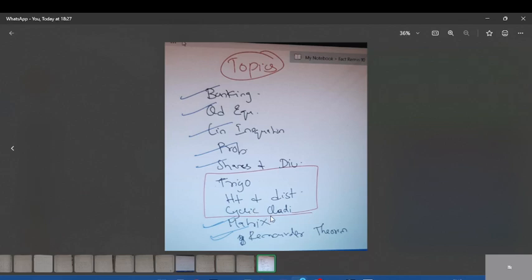I won't give cyclic quadrilateral. But I'll give basic questions from trigonometry, heights and distance. So how many chapters do you have to revise today? Only trigonometry and heights and distance. Other chapters we know how to solve. We have revised cyclic quadrilateral. I won't give it for tomorrow's test.